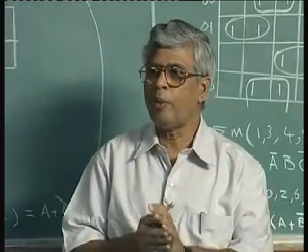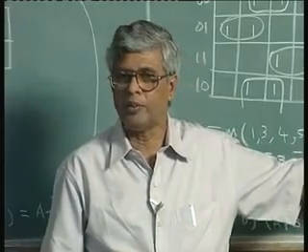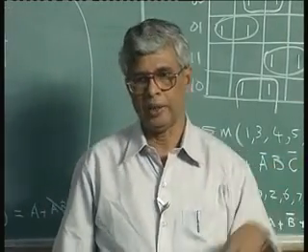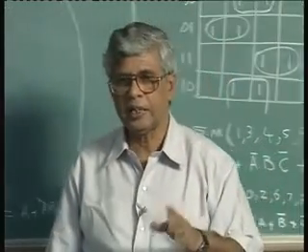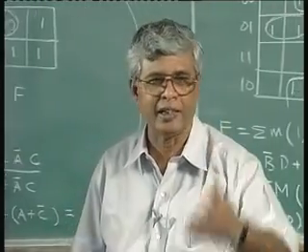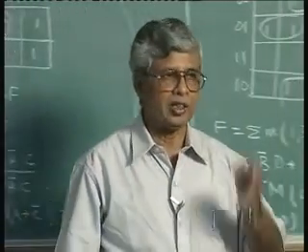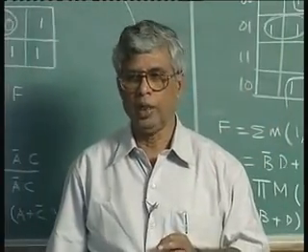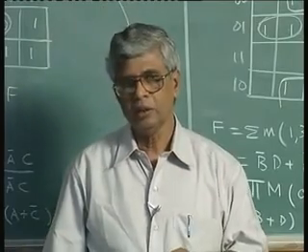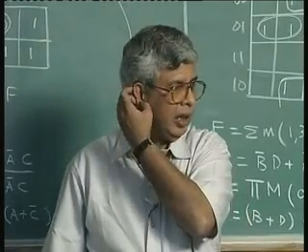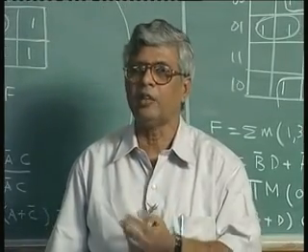There are how many combinations possible with 3 inputs? 8 combinations. Out of these 8 combinations, I will say definitely for certain combinations, let us say 3 combinations, the output has to be true, and for another 3 maybe the output has to be false. And then there are 2 combinations which are not defined.